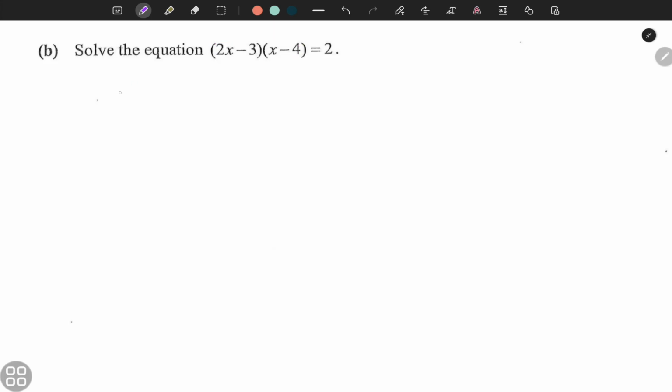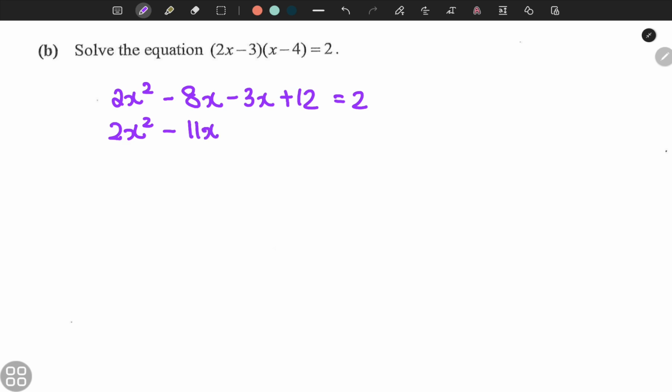I have 2x multiplied with x, that gives me 2x squared. 2x multiplied with negative 4 gives me negative 8x, minus 3x plus 12. This is equal to 2. Simplify this further, that gives me 2x squared minus 11x plus 10 equal to 0.